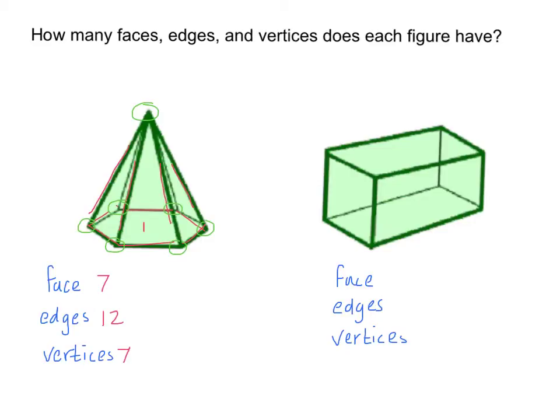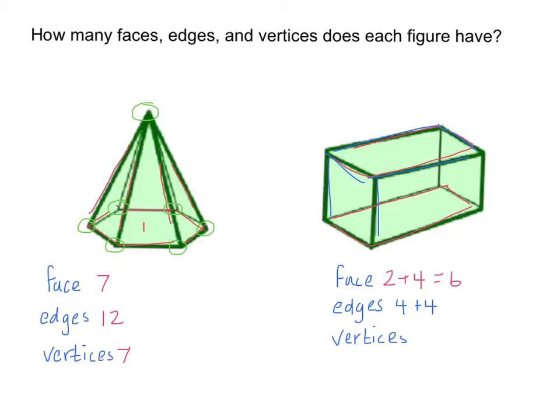Now for the cube. It looks to me like for faces, I have 1 here on the bottom and 1 on top, so that's 2. And then I have 1, 2, 3, 4 going around the figure, so that's 6 faces. Edges, I have 4 on the top, which means I'll have 4 for that bottom face.